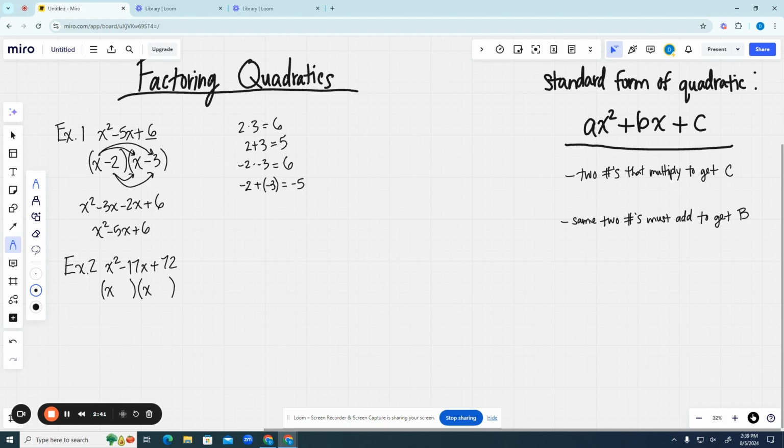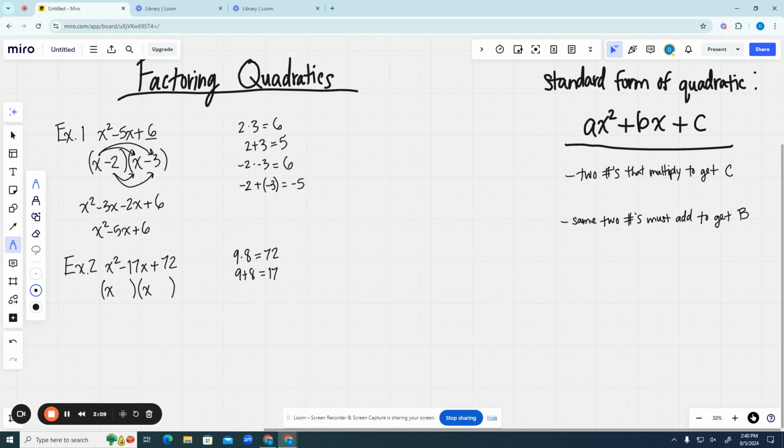And if you need to, just think of all of the factors that 72 has. And once you practice these, it'll come to you a little bit quicker. But I immediately think of 9 and 8 for 72 because I know that also adds to get 17. So we have 9 times 8 is 72, and 9 plus 8 is 17.